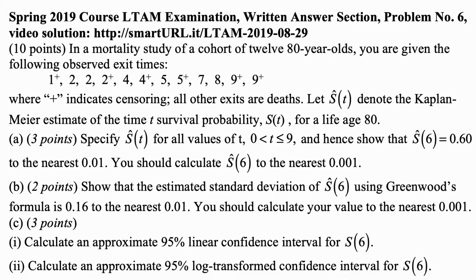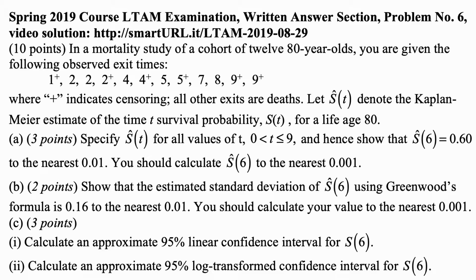Let S hat of t denote the Kaplan-Meier estimate of the time t survival probability, S of t, for a life age 80. Part A. Specify S hat of t for all values of t between 0 and 9, and hence show that S hat of 6 is equal to 0.60 to the nearest 0.01.